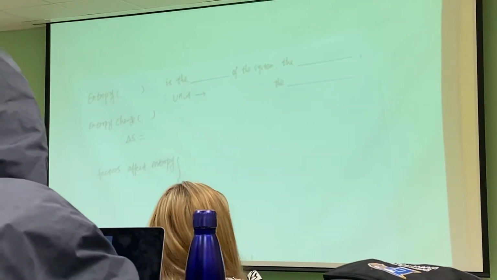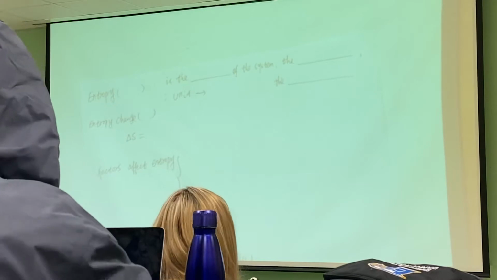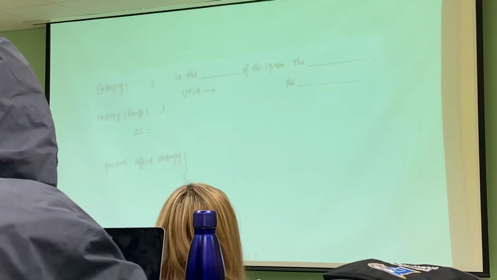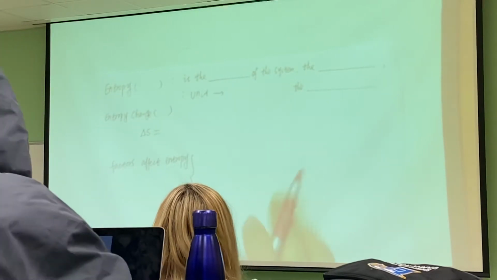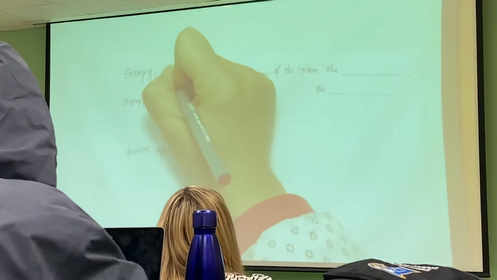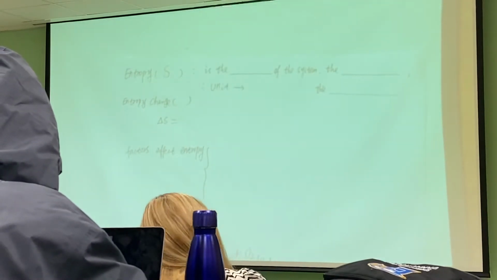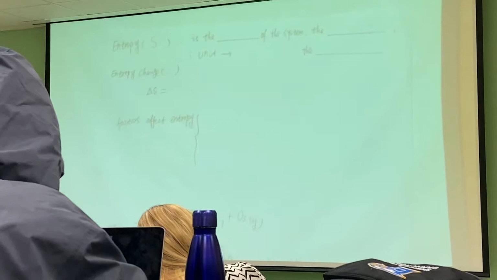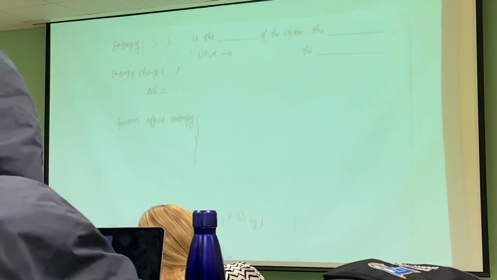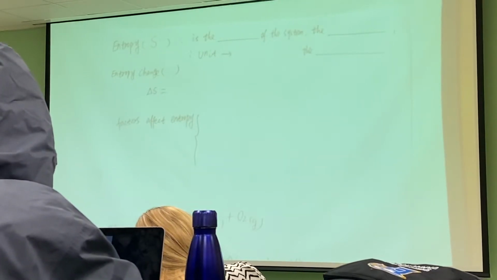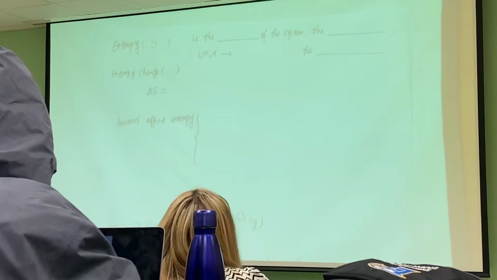Okay, enthalpy cannot tell you, but entropy can. So what is entropy? This is a new term we will start. Okay, so entropy, we use a symbol S to represent that.